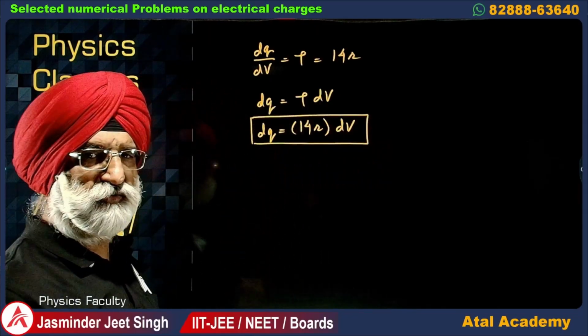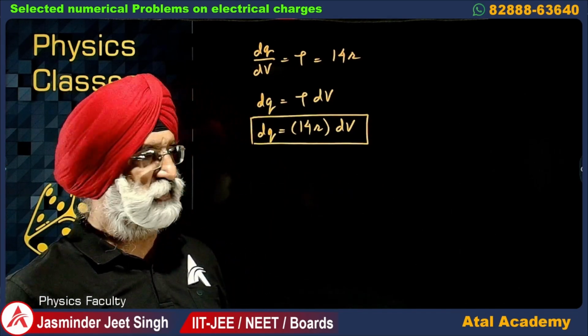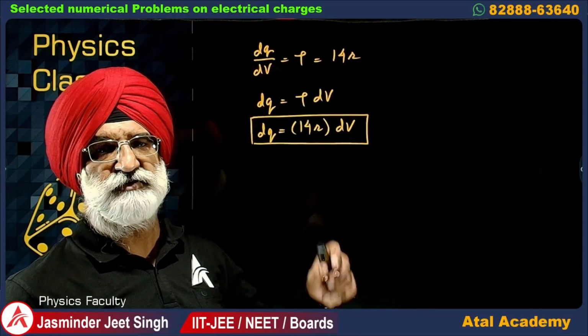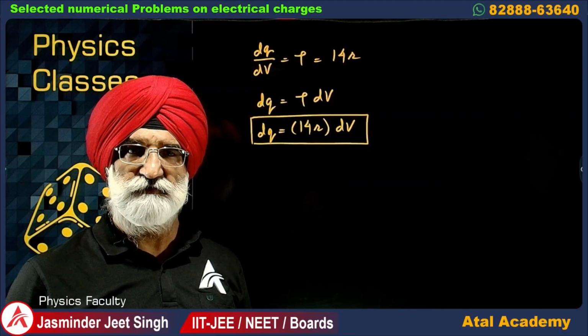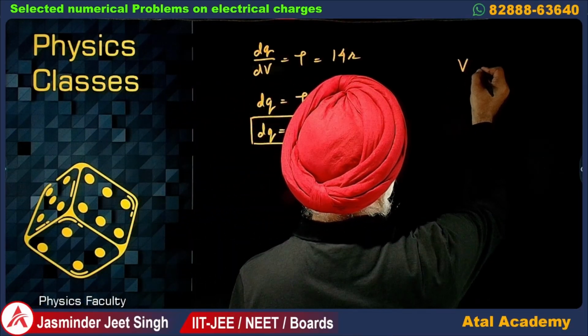This is the required equation which we are supposed to integrate. But before we integrate, we have to change dv in terms of r. dv is a volume, and the volume of a sphere is equal to 4 upon 3 pi r cube.